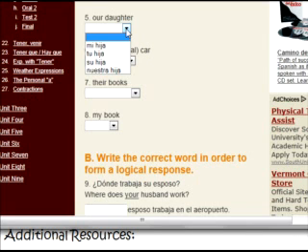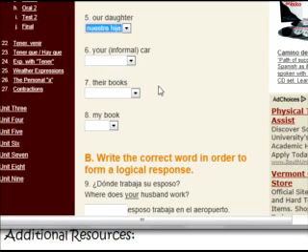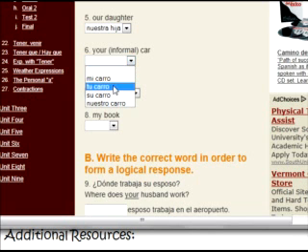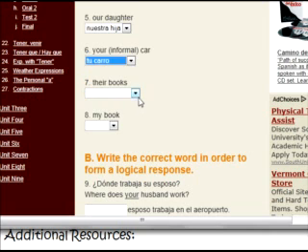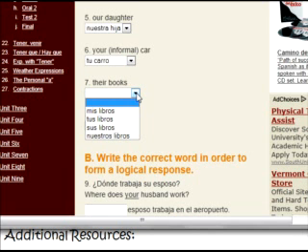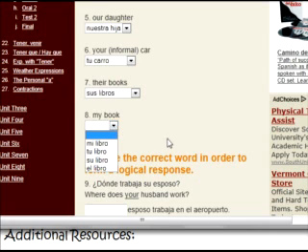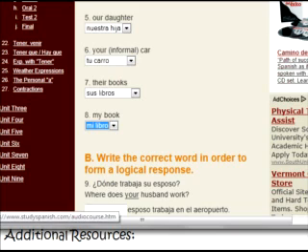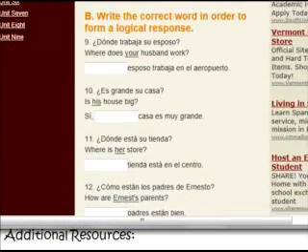Remember, daughter is feminine. Nuestra hija. Your car, informal. Tu carro. Their books. Sus libros. My books. Mi libro. And I know you can hear my dogs playing in the background. Ignore them. Pay attention to me.